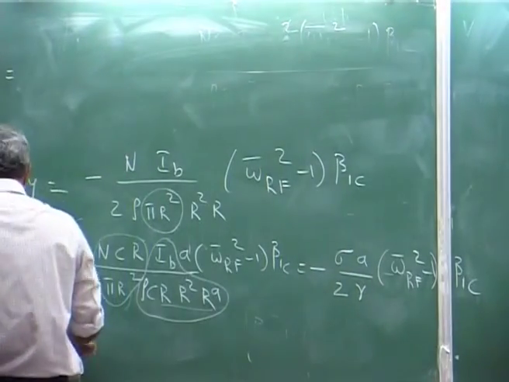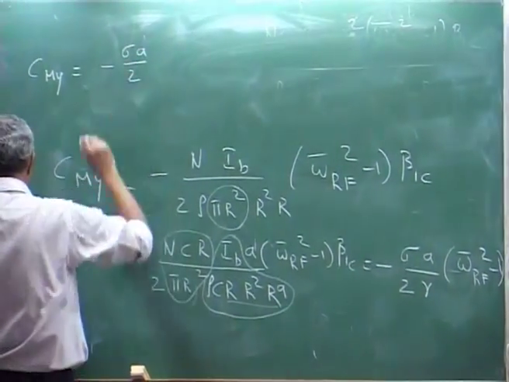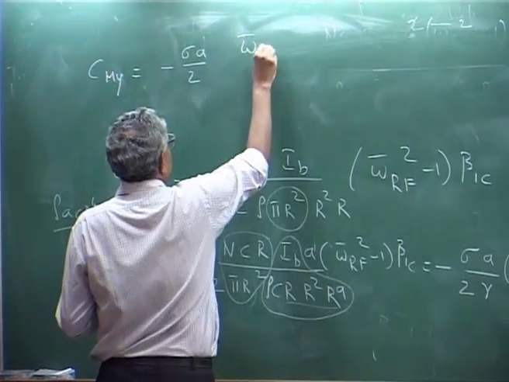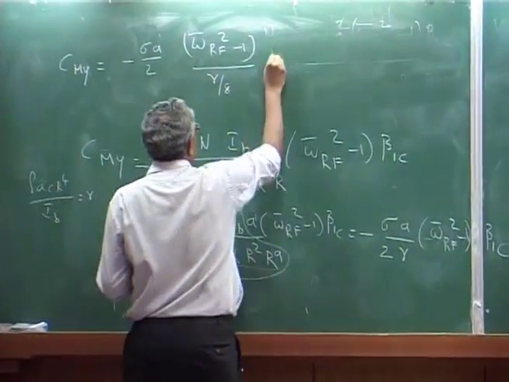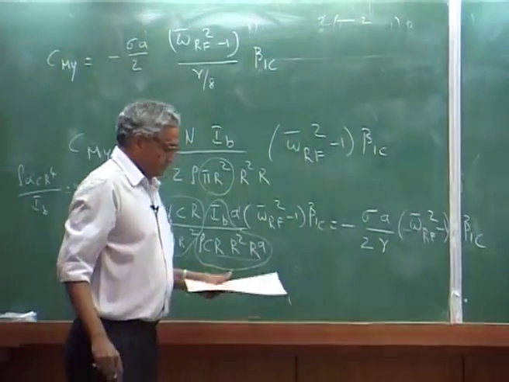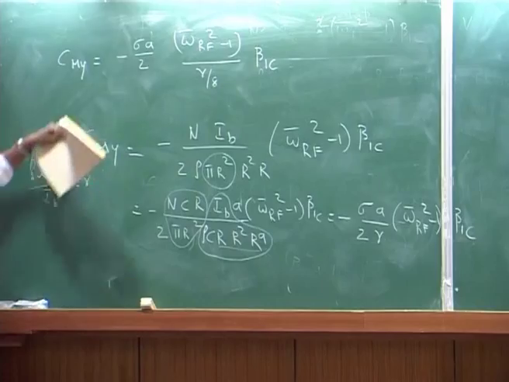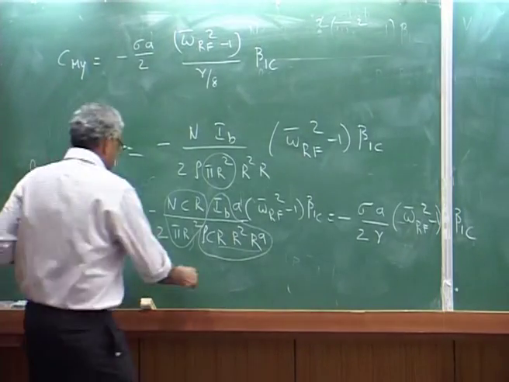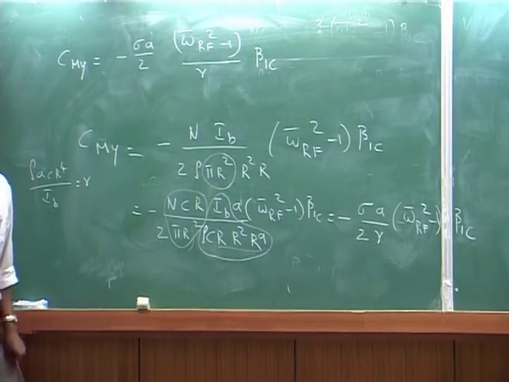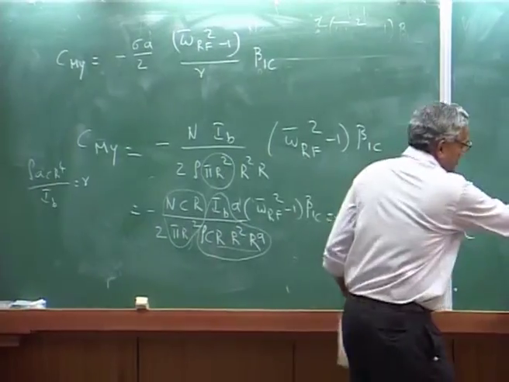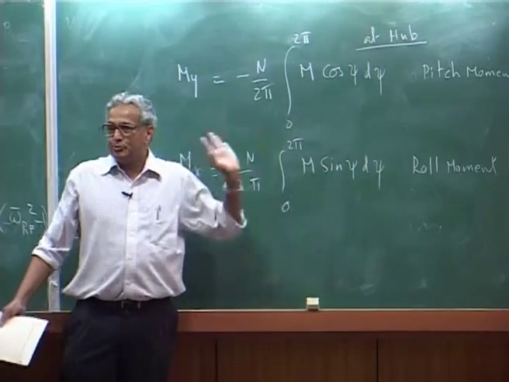Let me simplify and write it. So your C M y becomes minus sigma a over 2 times omega bar R f square minus 1 divided by gamma, beta 1c. That is all. Similarly, you can write for M x. Here beta sin psi appears, so you will find only beta 1s will come.